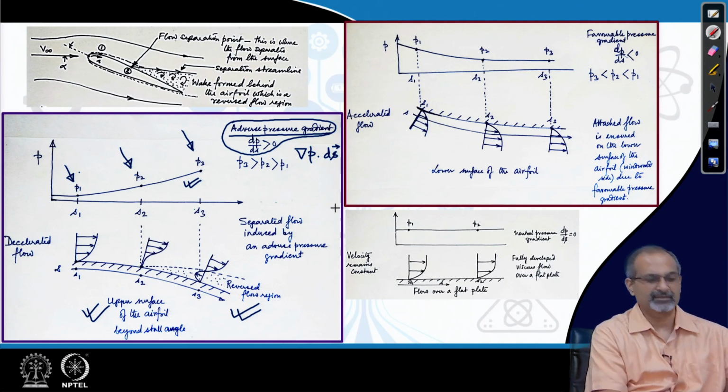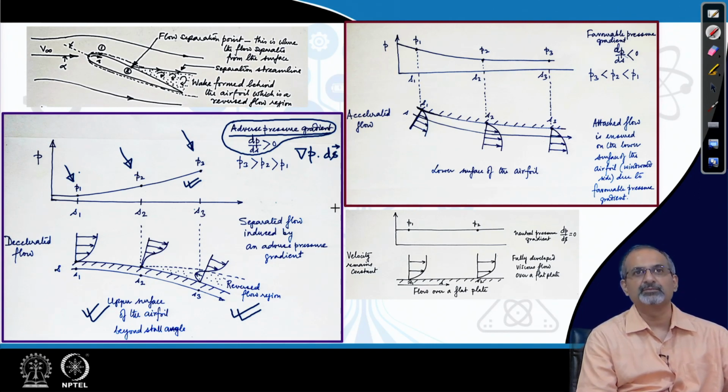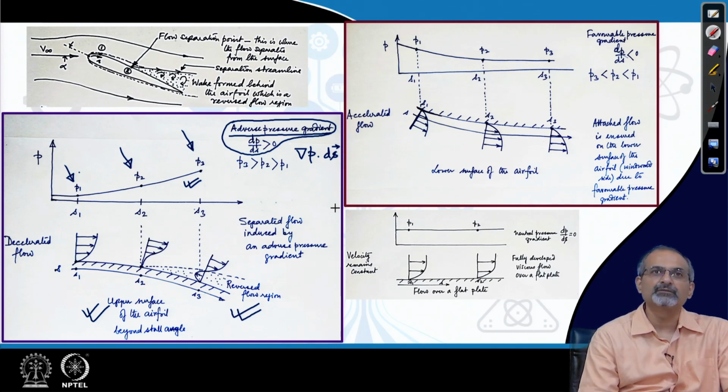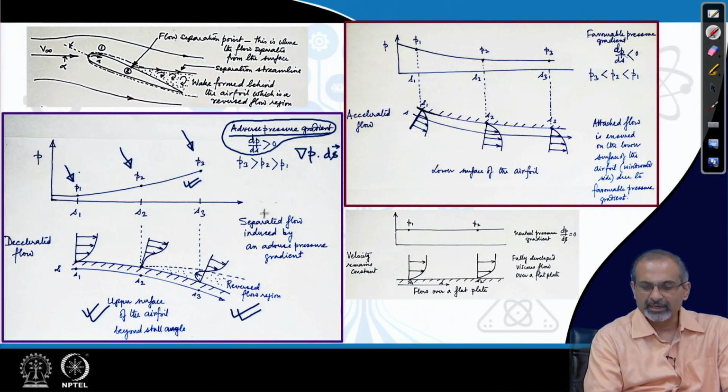So, if you move along the s direction, the pressure is increasing. That is a situation of adverse pressure gradient. That means a pressure gradient which is adverse for the flow to remain attached, and therefore, it becomes more susceptible to separation, and once it separates, you have a reversed flow region.